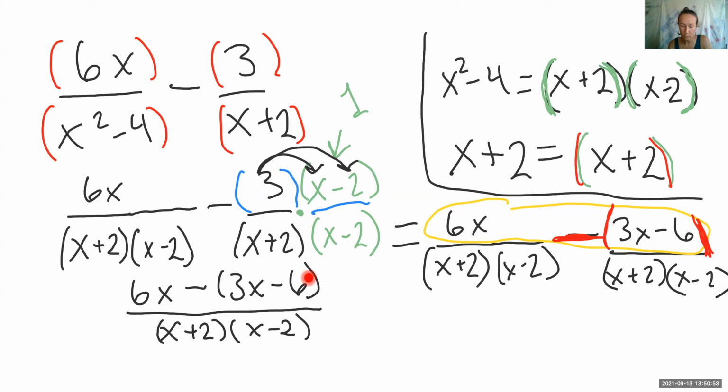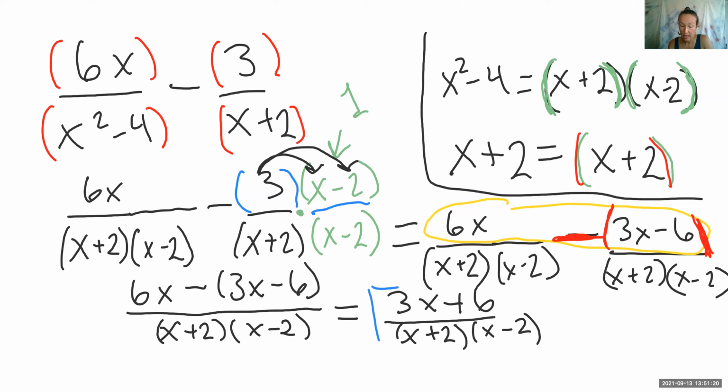Okay. So now we can do that. 6x minus 3x is going to give us 3x, and minus -6 is going to give us a positive 6. All right, so what we end up with is a 3x plus 6 over x plus 2 times x minus 2.